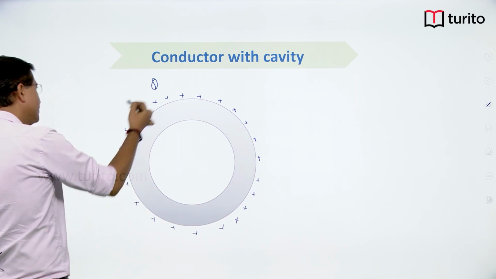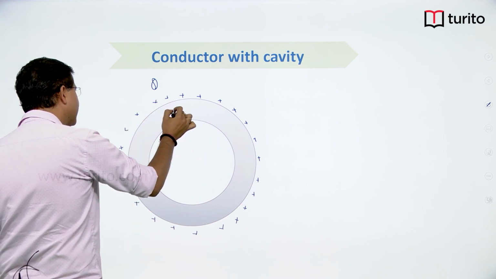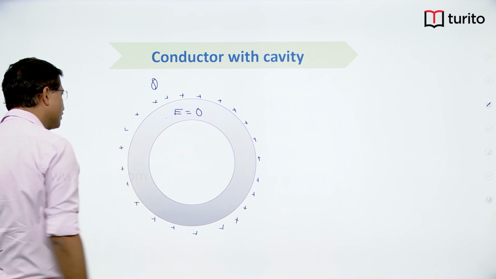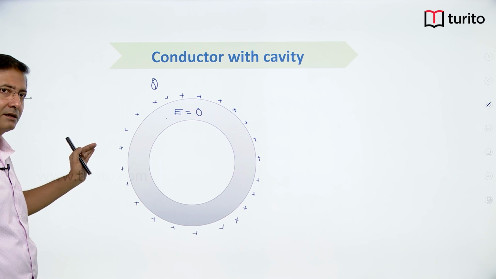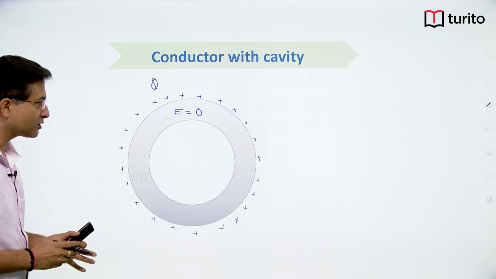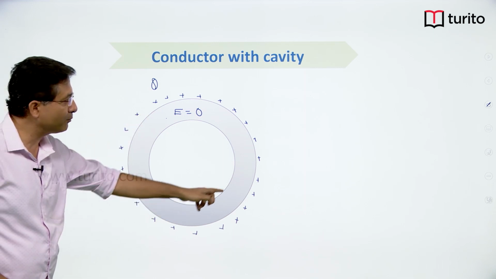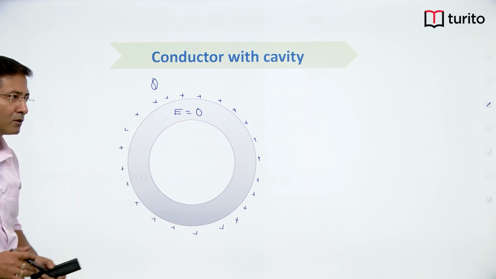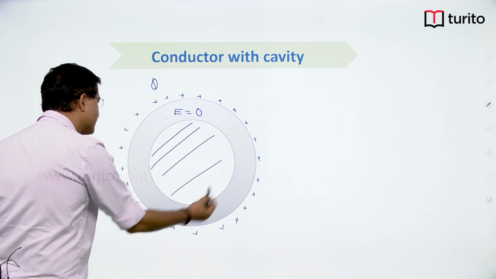The effect of these charges at any point inside the conductor, we have seen that E is equal to 0, right. There is no other field and external charge in the space. So it is the responsibility of the charge appearing on the surface alone to make the field at every point inside the conductor 0. Whether there is some material or not, it is not going to make any difference.